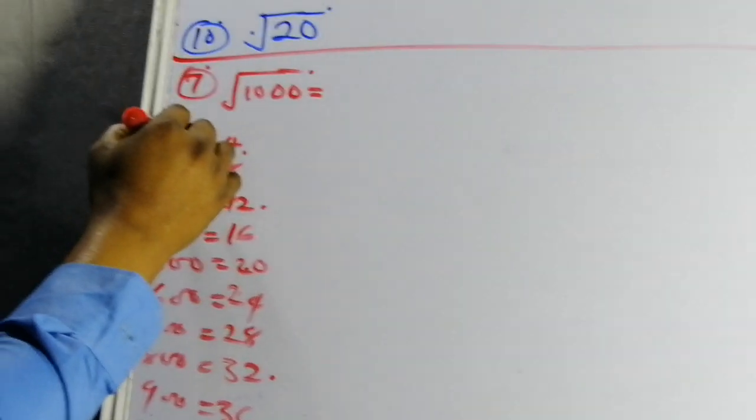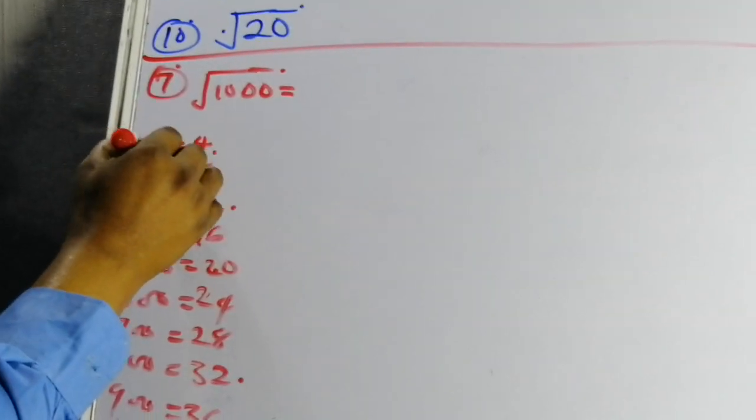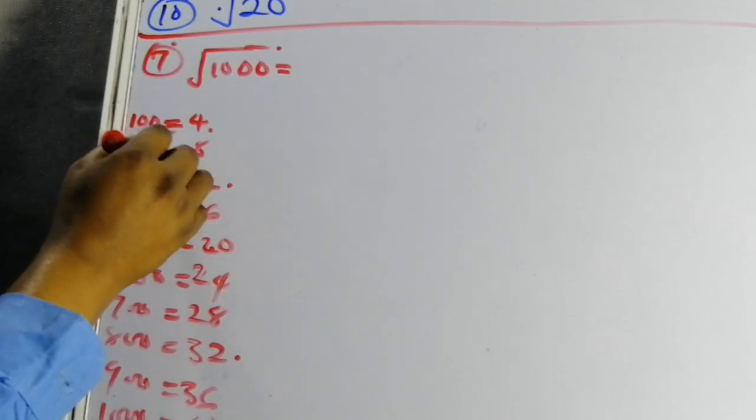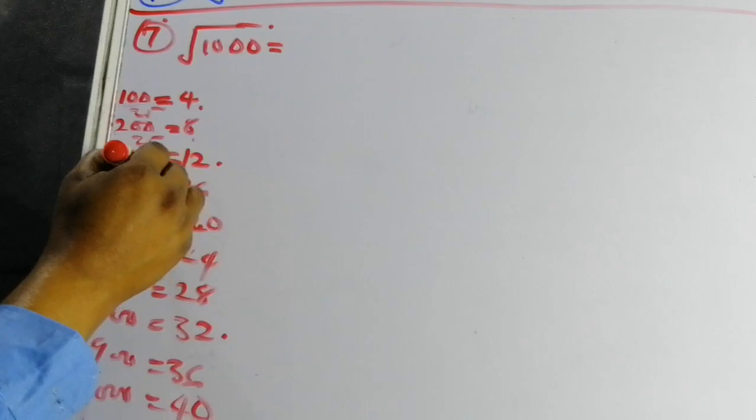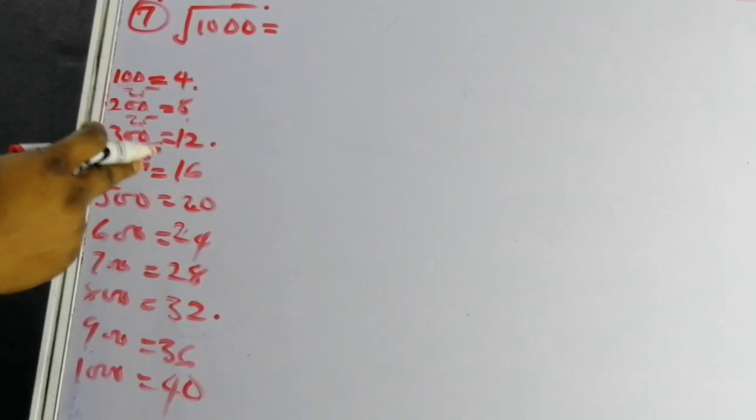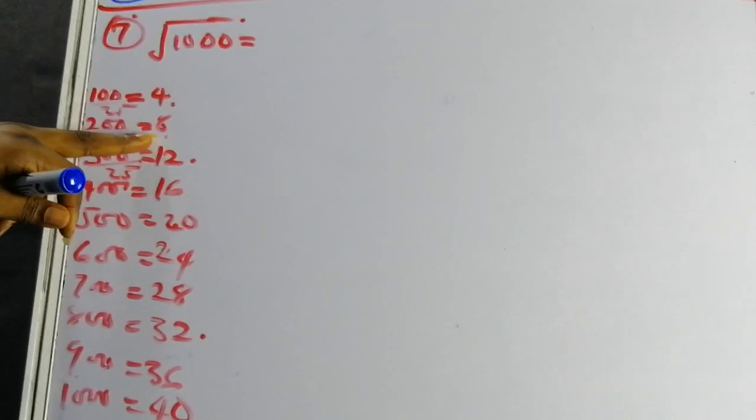So it means 25 can go here 40 times. If you divide this by 25, it will give you 4; this one, 8; this one, 12. So it means 25 can go here 12 times. You understand? Just add 4 to it, 8, like that.